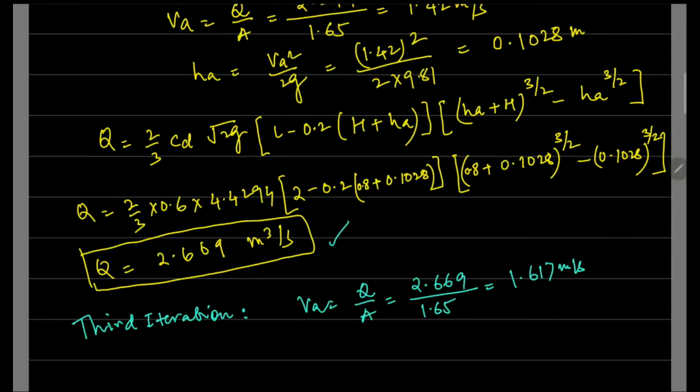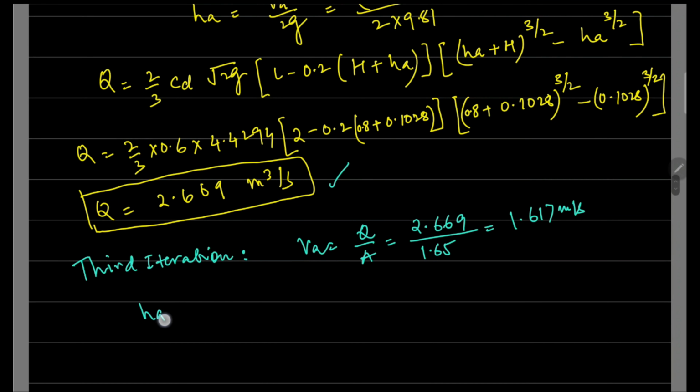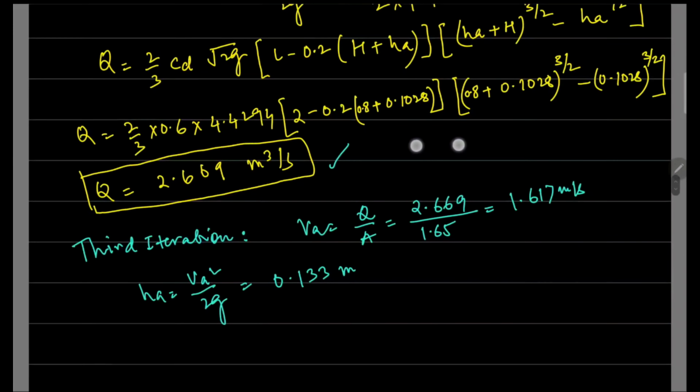Corresponding to this VA, the HA value is VA square by 2g. So HA is coming out to be 0.133 meter, and then we will use this HA value for the estimation of Q.